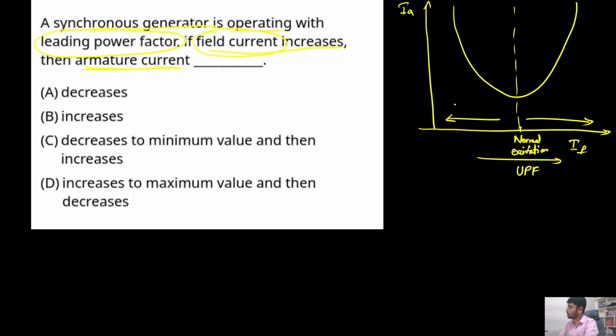So this is leading power factor and this is lagging power factor. So this is the characteristics of synchronous generator.